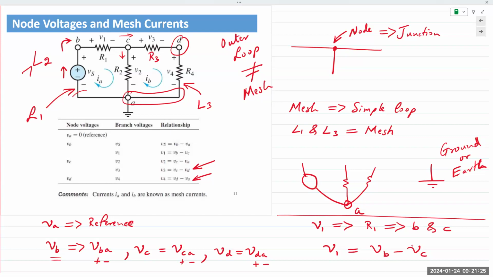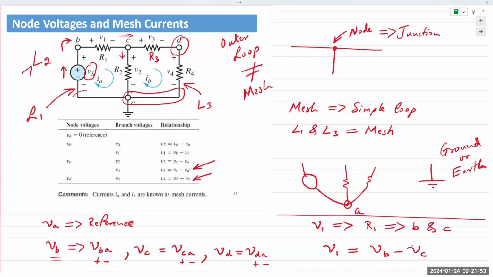If I choose A as my reference node, then I already know what the value is at node B, because node B is connected to the other end of a power supply. So the difference in potential between B and A is VB minus VA, which would be the power supply VS. So that is one of the biggest reasons to choose that.